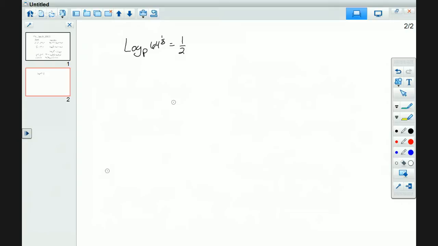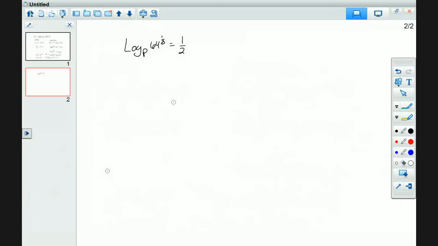Solve for P. And there are a couple ways to tackle it. There's almost always a couple of ways to tackle logarithms.